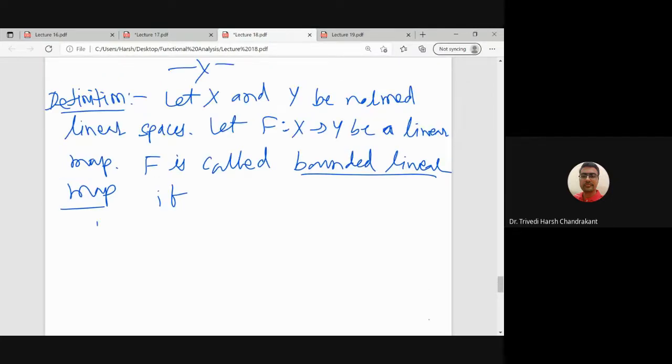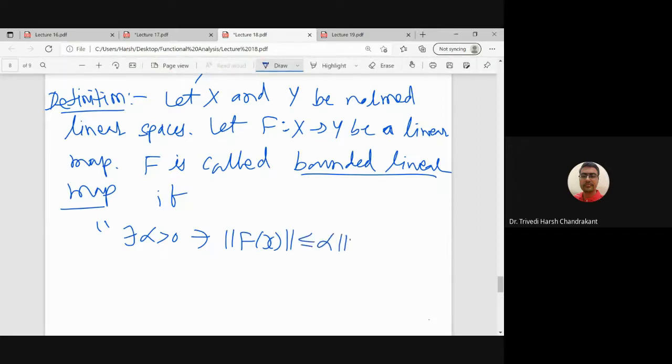So what is the condition? The condition is there exists alpha greater than 0 such that norm of fx is less than or equal to alpha times norm x for every x belonging to x.